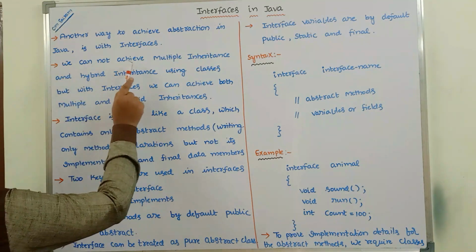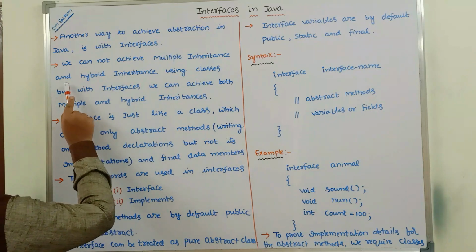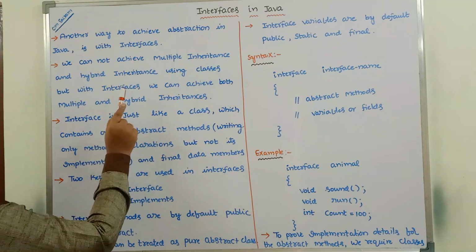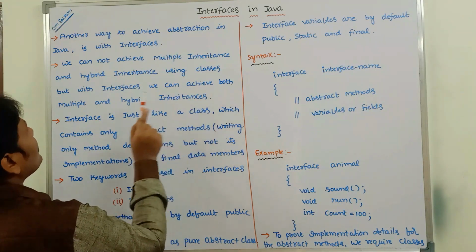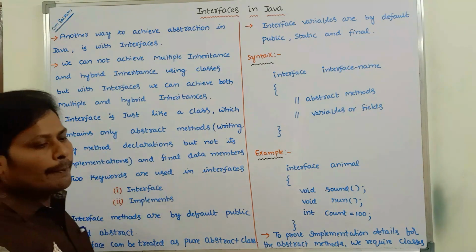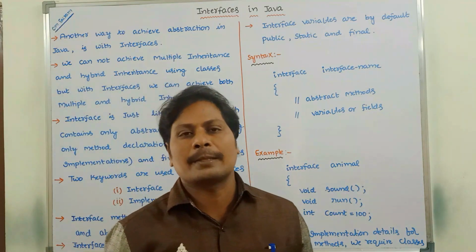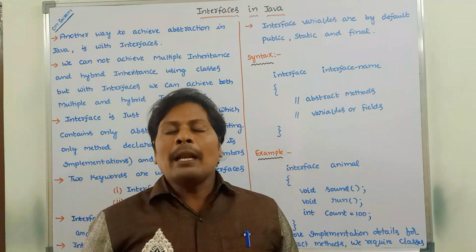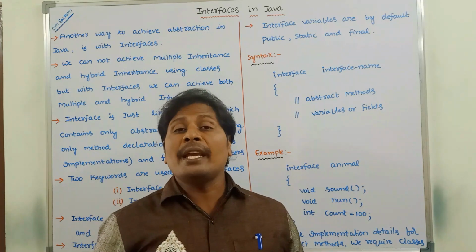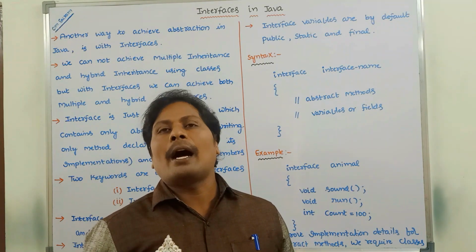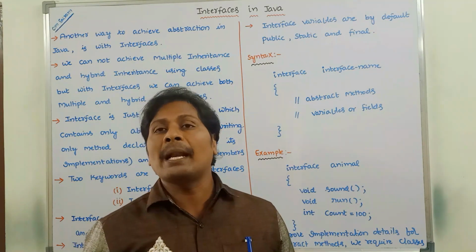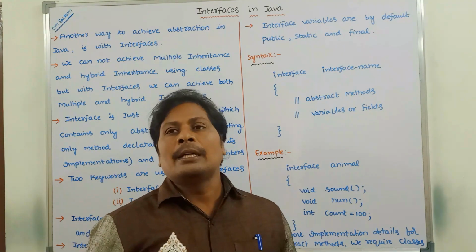Next, we cannot achieve multiple inheritance and hybrid inheritance using classes, but with interfaces, we can achieve both multiple and hybrid inheritances. We already know that multiple inheritance cannot be achieved with classes and hybrid inheritance cannot be implemented with classes.